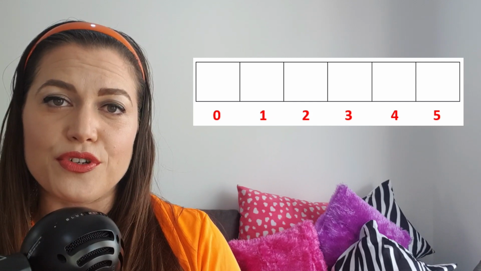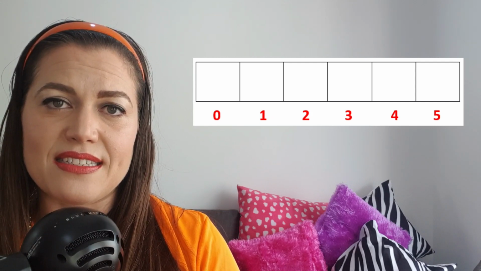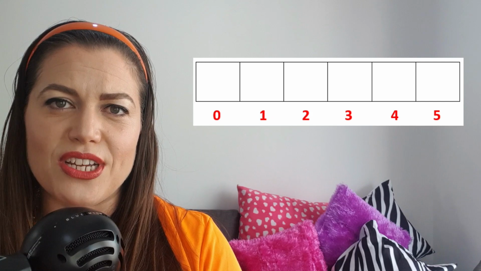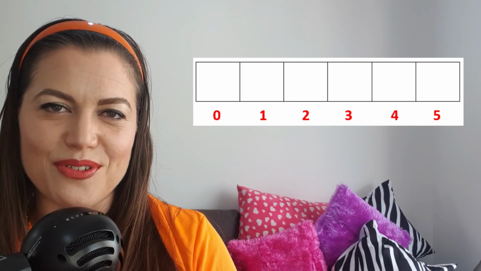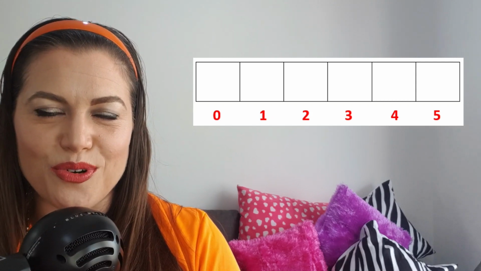So we have the first object in index number 0, the second object in index number 1, the third object in index number 2, and so forth.